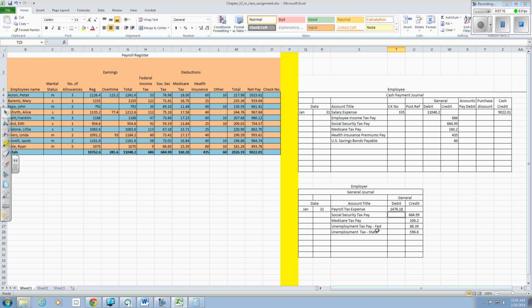Okay, and that's in general what we're trying to do this chapter: calculate all that and make sure that it's journalized. So every time we do a payroll, we're going to have to record the employees' and the employer's taxes that are paid. Okay, so if you have any specific questions about that, obviously you can look at the videos from the specific sections, or you can ask me in class.